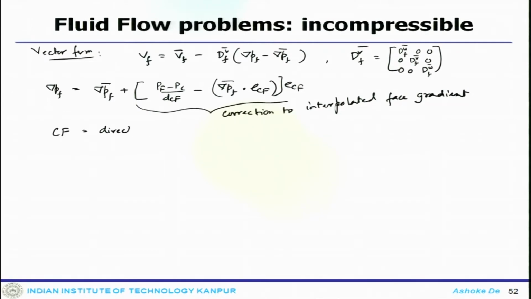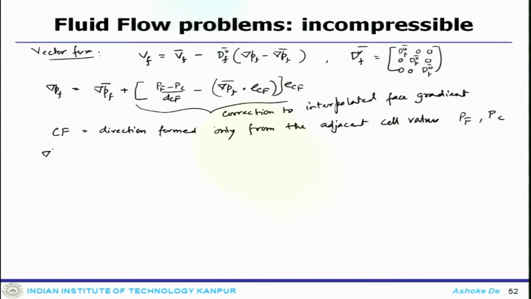Now, where E_CF is the direction formed only from the adjacent cell values P_F and P_C.